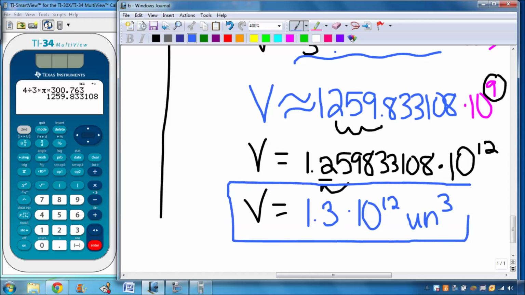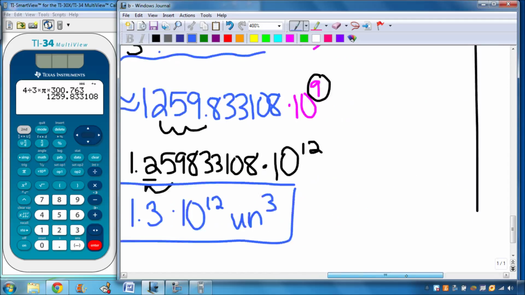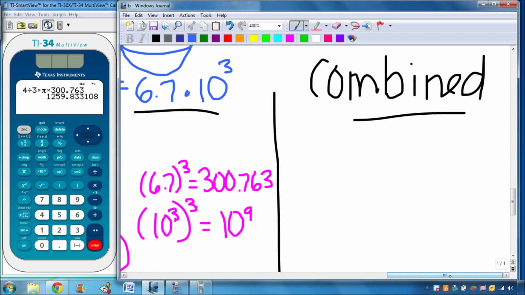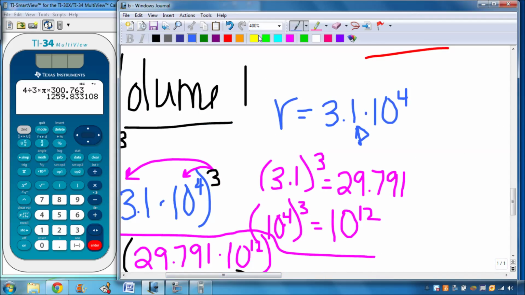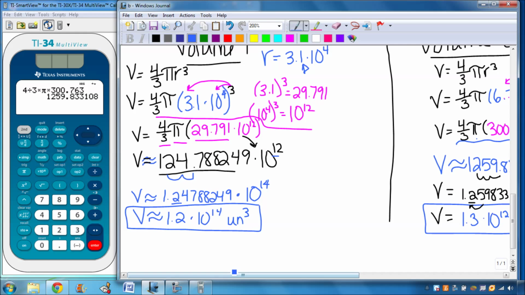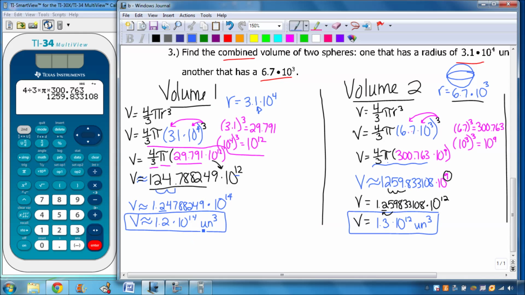Okay, so now the last part. It asks us to figure out what the combined volume is. So I'm going to take both of my volumes, my volume from the first answer, and if you look right here, our volume from the first one, let's zoom out a little bit for this. Our first volume was 1.2 times 10 to the 14th power.